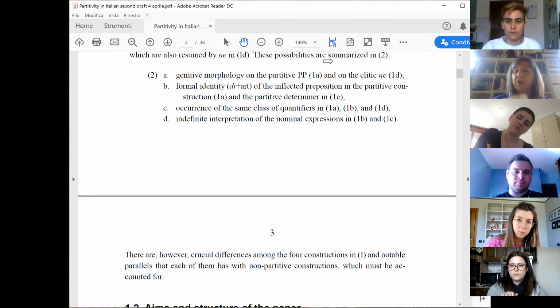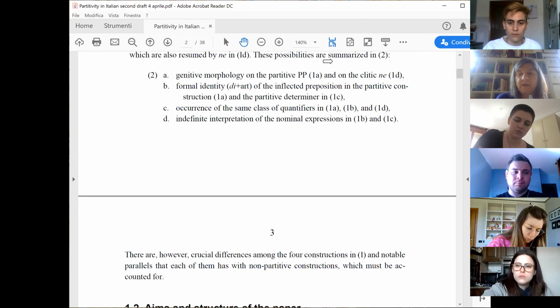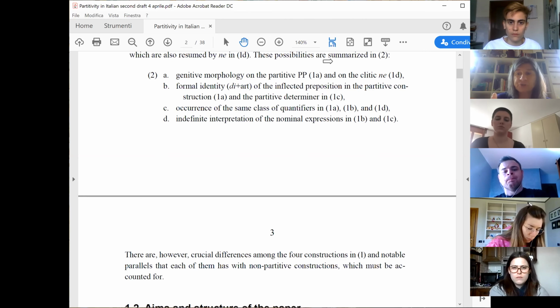So I'm talking of this: parlo di questo, we say ne parlo. So it's very suggestive of resuming the genitive PP, which is the partitive portion of the partitive construction in 1A.